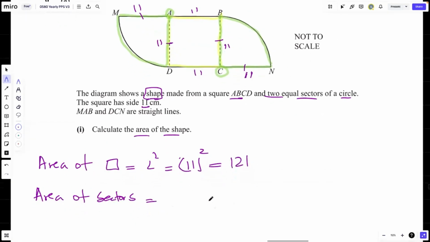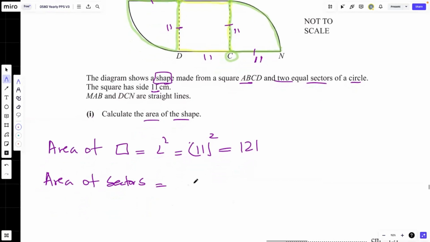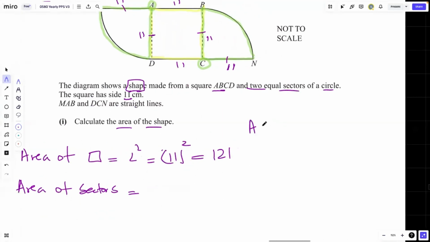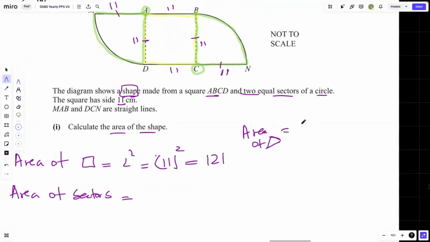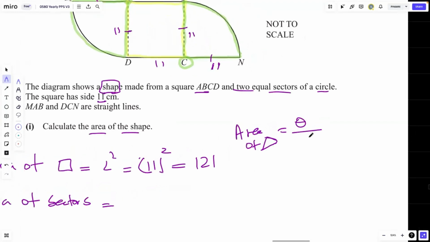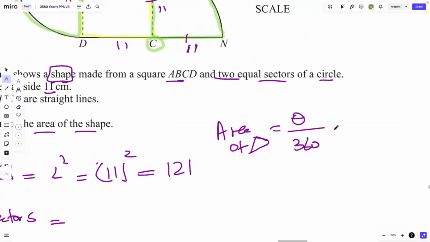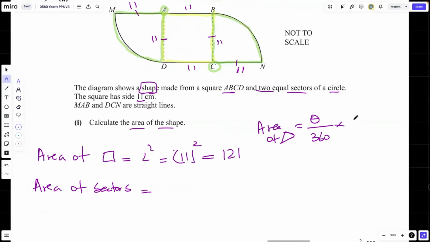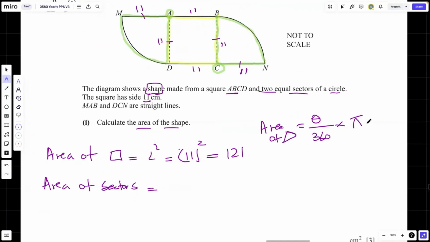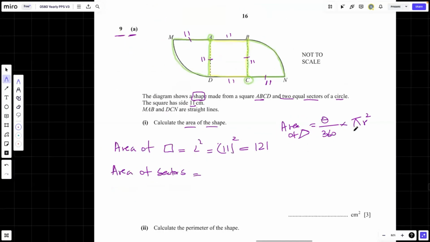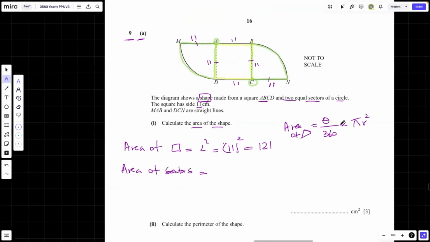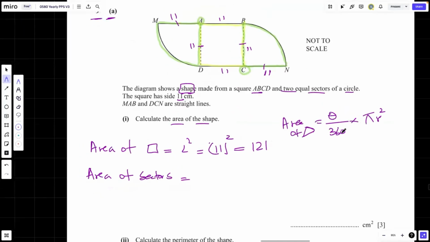so area of the sector, the formula that we have is theta, that is the angle, over 360 times the normal area of a full circle, from where the sector is basically being brought apart when you break it down. That's theta over 360 into pi r square. That's your area of a sector.